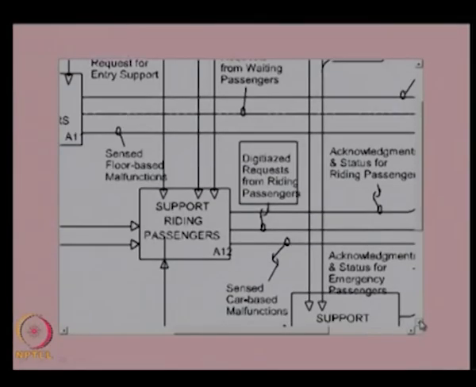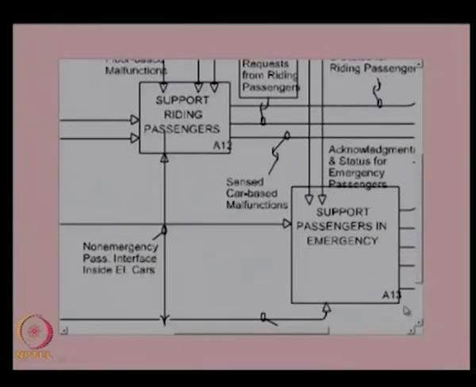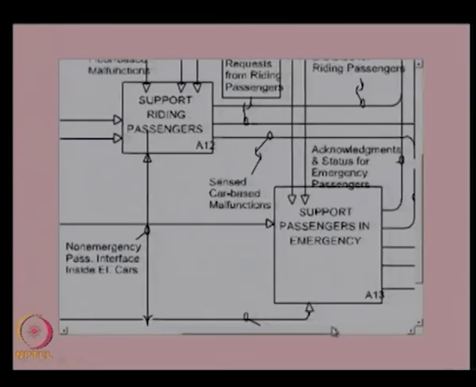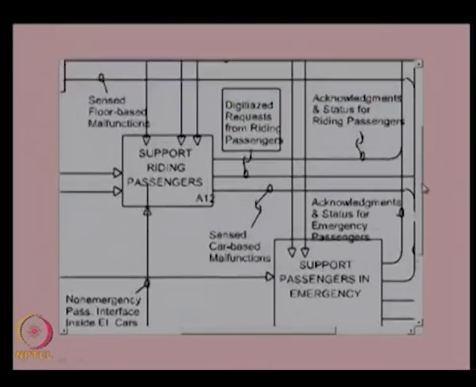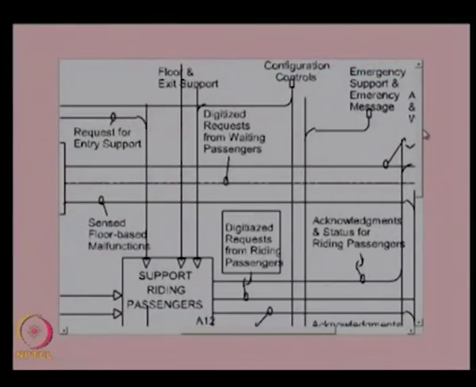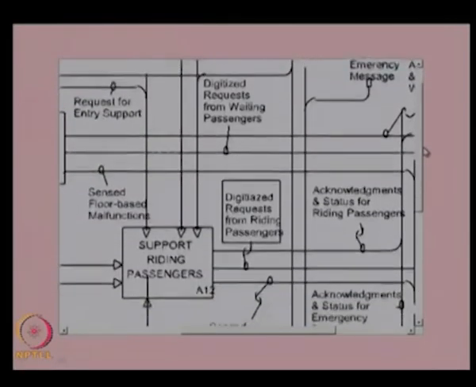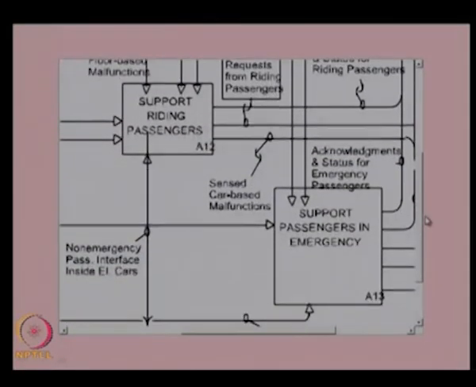And the third one is support passengers in emergency. So first was support the waiting passengers, next is support riding passengers, and the third is support passengers in emergency. Here the input will be from the passengers, riding or waiting, both giving input, and the emergency support and emergency message will be the input, including where to send the message.